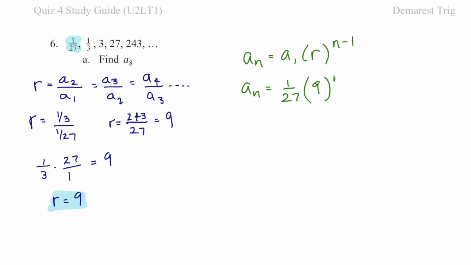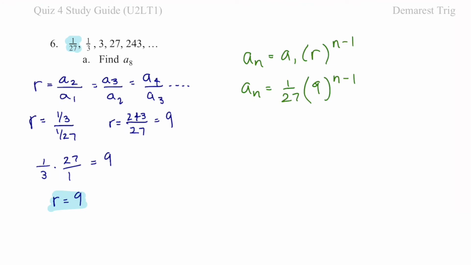It is a geometric sequence, which tells us that we are using this formula to find the terms, right? This is the geometric sequence formula. So I have my A_1, again, I can just see it in my problem. I have my r, I solved for it. So my explicit formula is going to be A_n equals 1 over 27 times 9 to the n minus 1.